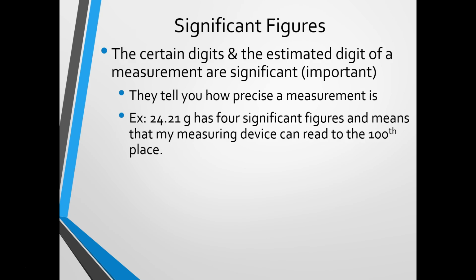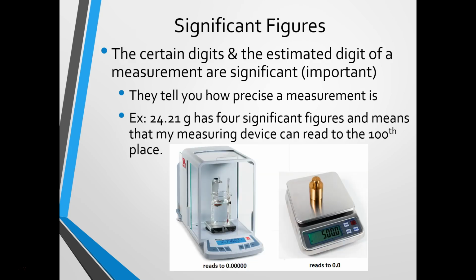So in this case, let's say our number is 24.21, and we know that has 4 significant figures in it. We'll go more into how we identify the number of significant figures. But because it has 4 significant figures, that means our measuring device can read up to the 100th place, which means we can be very, very precise. The more digits, the more accurate and the more precise our devices are.